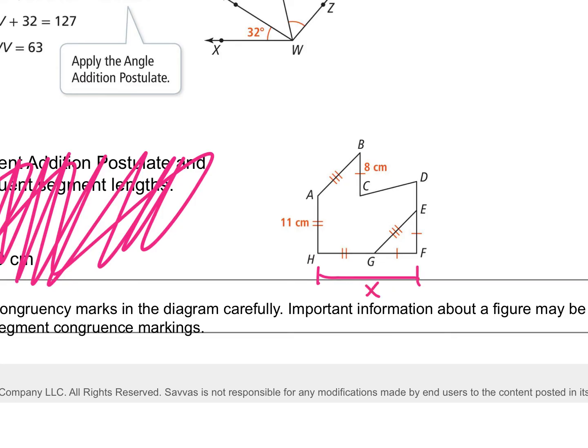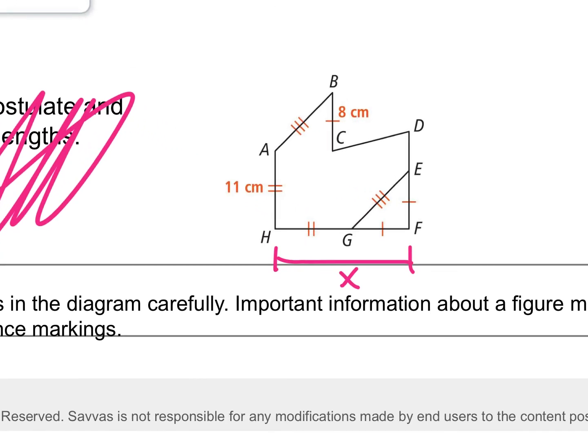All these little lines means they're congruent to each other. So here, if this is 11 with two little lines, then this is 11. Okay? Over here, this is 8 with one line. So this is 8 and this is 8. So now I know that x has got to equal 19.